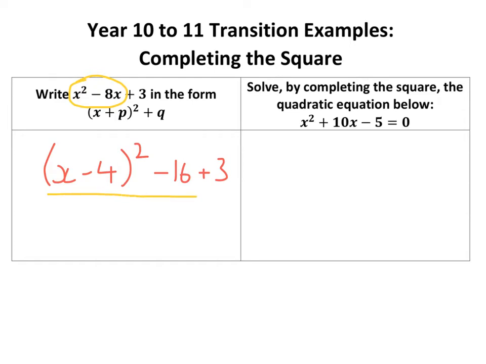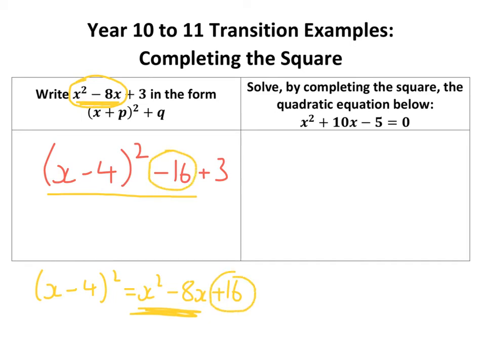Now the reason it's that bit there is because if I multiply out x minus 4 all squared, x minus 4 all squared gives me x squared minus 8x plus 16. Now I wanted this bit here, because that was that bit there, but I didn't want this bit, which is where that bit's come from there.